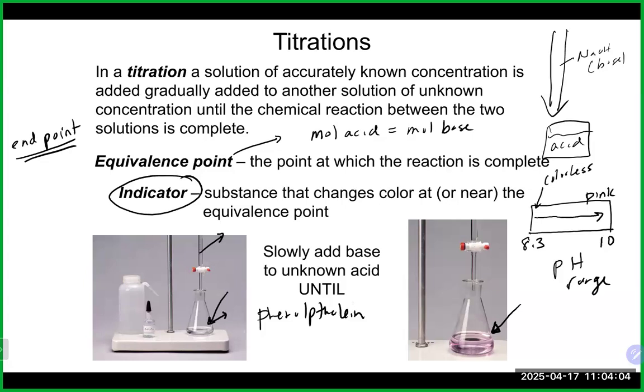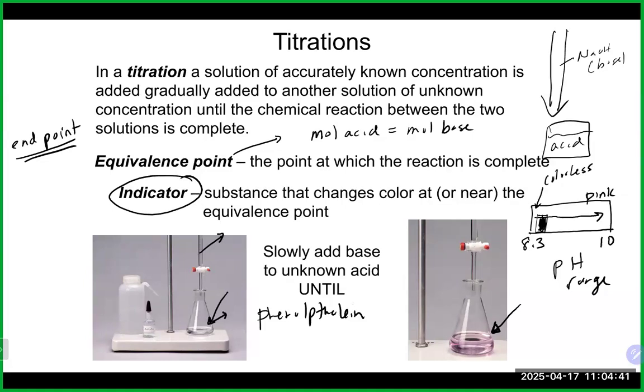The reason they usually tell you to get the lightest color of pink possible is that your equivalence point, for example in that acetic acid titration you probably did, which is vinegar, is back in this area around 8 point something, which is actually colorless. So as soon as it turns, you're probably right at the equivalence point, and that's why they yell at you to get the lightest pink possible. Again, we'll explain why you might not have had to redo your titrations, but it probably wouldn't matter too much if you were really careful.